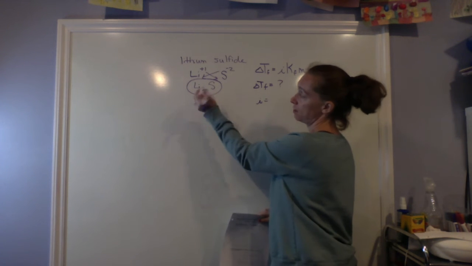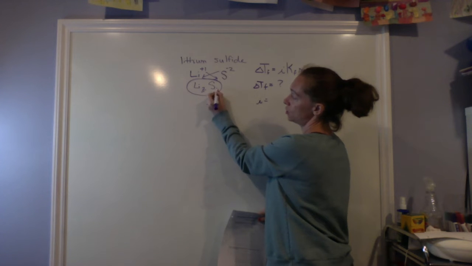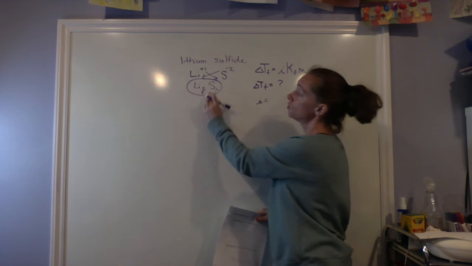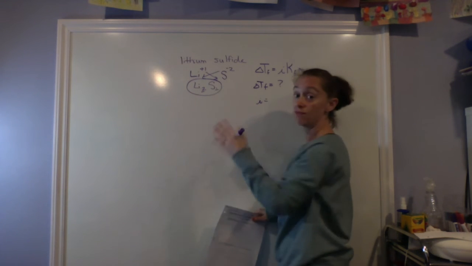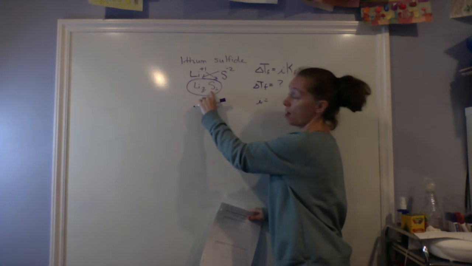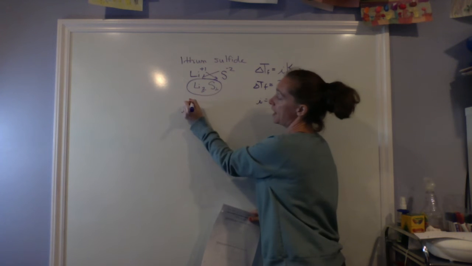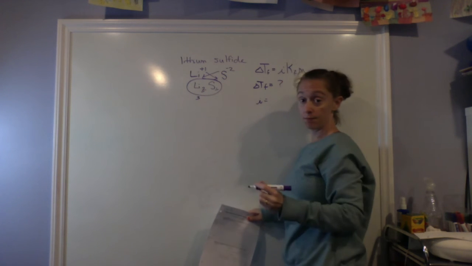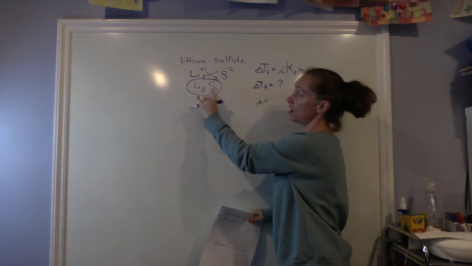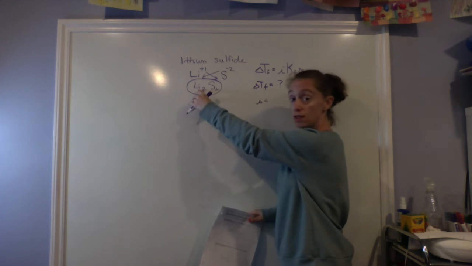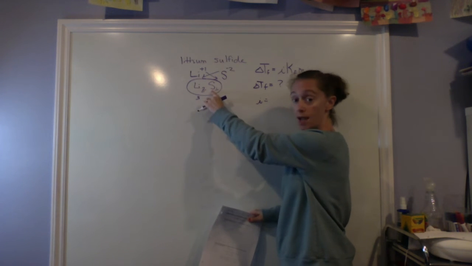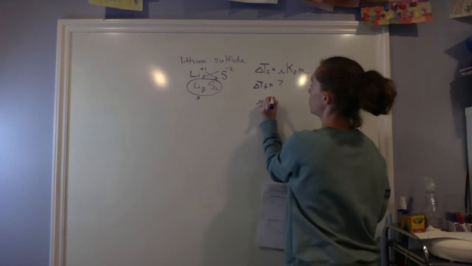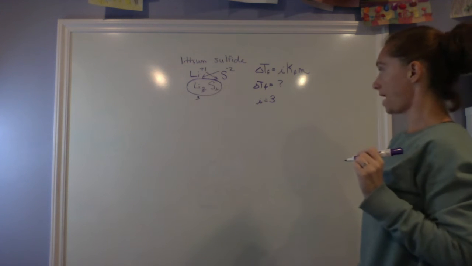This is my subscript of 2, and this is essentially a 1. We just don't write it. So 2 plus 1 means i is going to be 3. If this goes into water, it will break into 2 lithiums and 1 sulfur ion. So i equals 3.